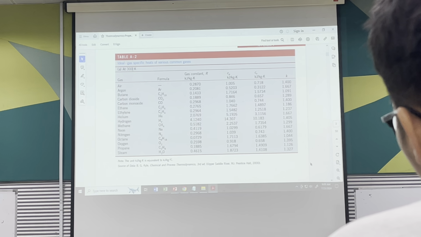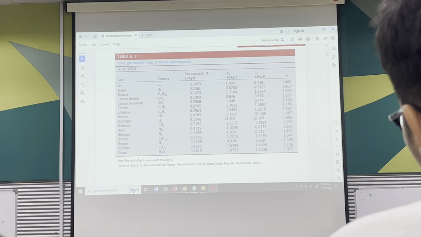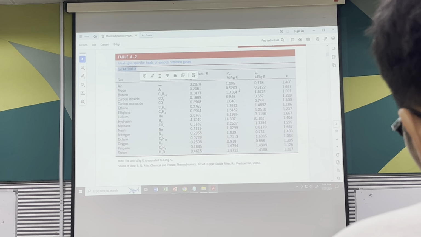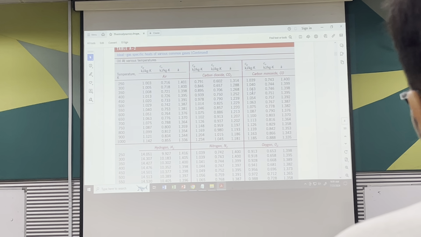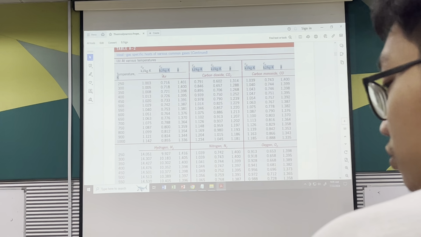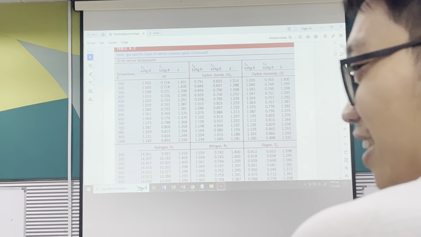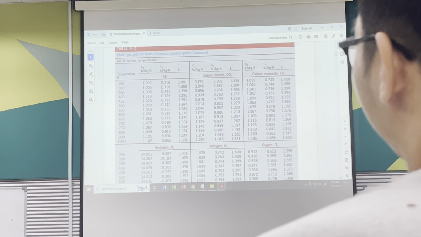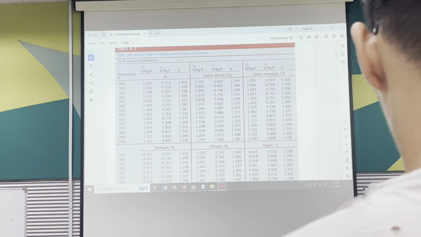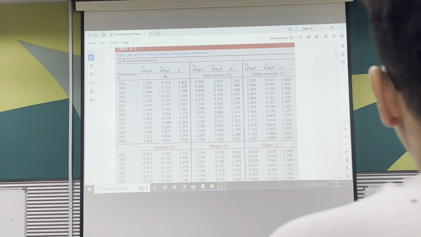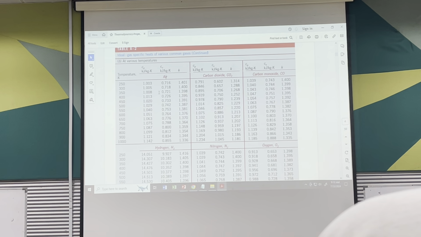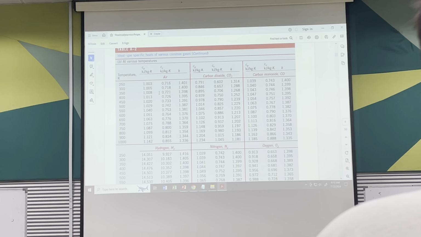So for example, we come back to this table. This table shows at 300 Kelvin, so it's just a fixed value. But if you go down to this table, for air, you can see that at different temperatures, it gives you different Cp and different Cv. If you are asked to use average, again, this depends on the question. The question will tell you the requirements, so you follow the question.